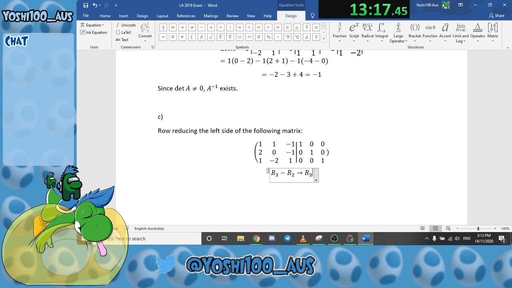Oh, I can restore the pivot to the second row if I do R2 take R1.